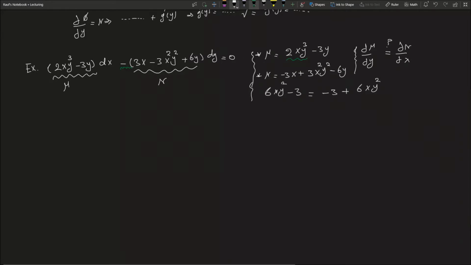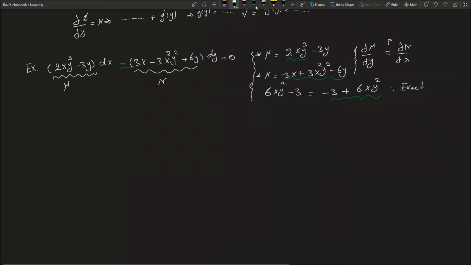As we can see, this term is the differentiation with respect to x of this term. This tells us that the equation is exact and we can move forward with the solution.